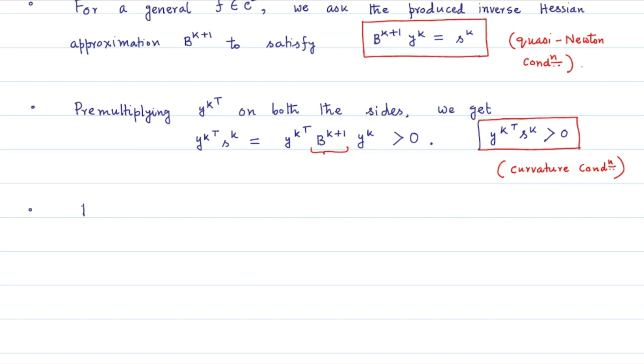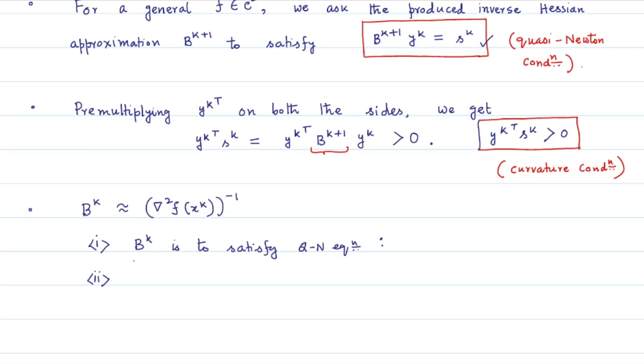So in taking the matrix Bk as an approximation of the inverse of the Hessian at the point xk, we must keep in mind that the first condition is that the matrix Bk is to satisfy the quasi-Newton equation, that is the equation that I have written over here.